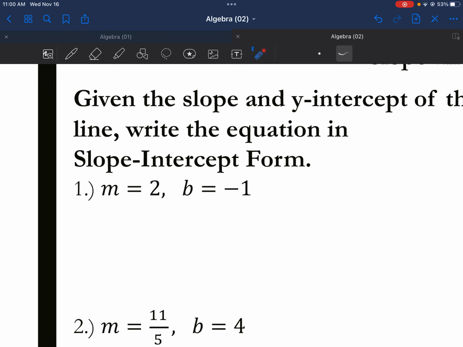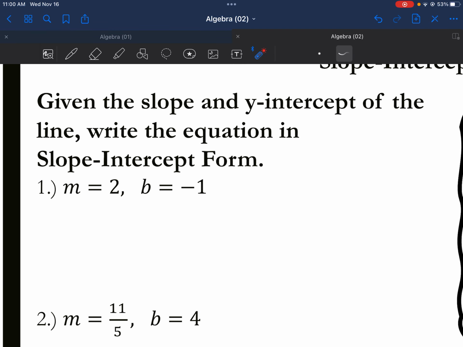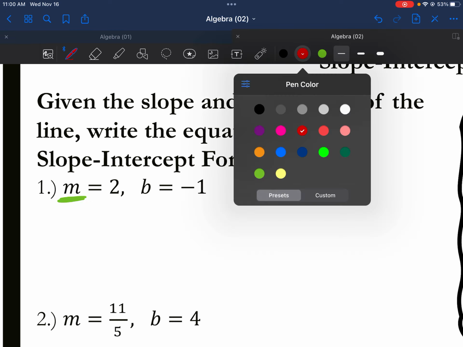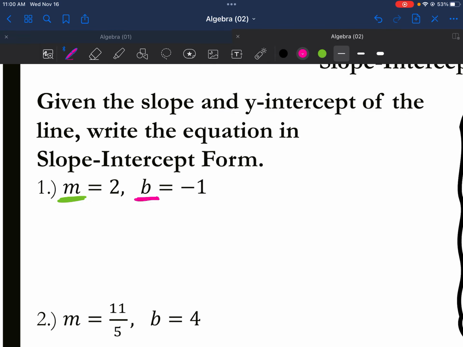So problem number 1 says, given the slope and the y-intercept, that means I'm giving you the slope and y-intercept, write the equation in slope-intercept form. So here's my slope, so I know this is my m. And then here's my b, my y-intercept. And I know my formula is y equals mx plus b.